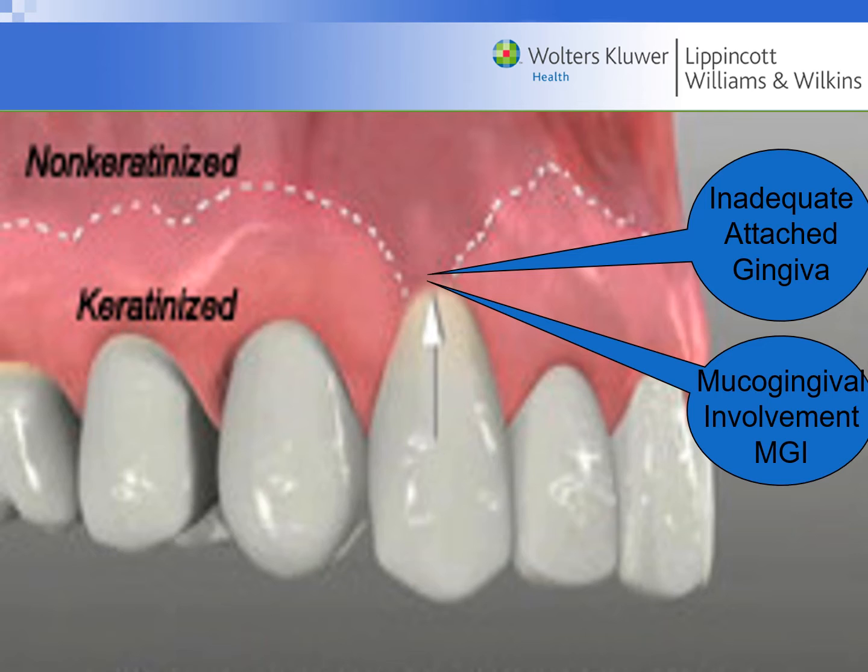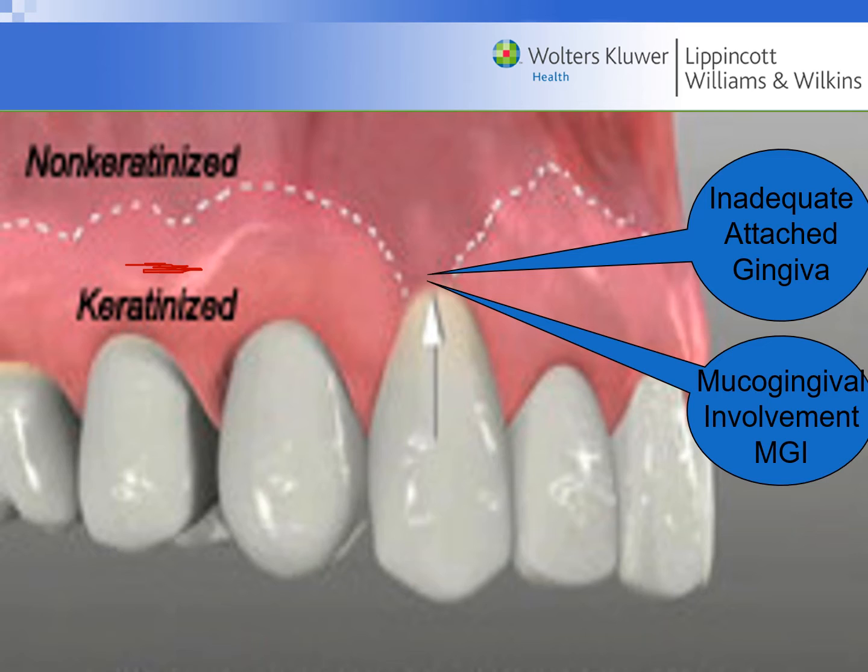So here it is. This is non-keratinized. This is keratinized. As far as the teeth go, this is a little rougher and not as flimsy and soft as the tissue above it. This is why we need to know this: we need to pick out and document, and talk to the dentist about, when our patients don't have adequate attached gingiva, and we'll say they have mucogingival involvement.